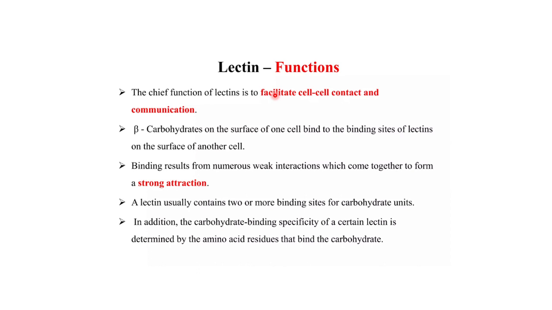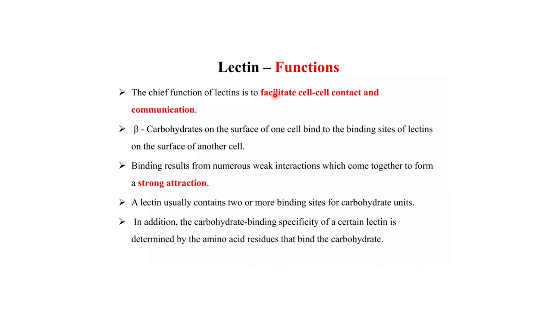You have the carbohydrates on the surface of one cell that bind to the binding site of lectins on another cell, and this can sometimes be important, as well as sometimes a message to the cell that this is foreign material and needs to be damaged. In this manner, you have your selectins and cadherins on the cell surface that pass the messages to the inside of the cell, and from there it can regulate B cell production or T cell activation.